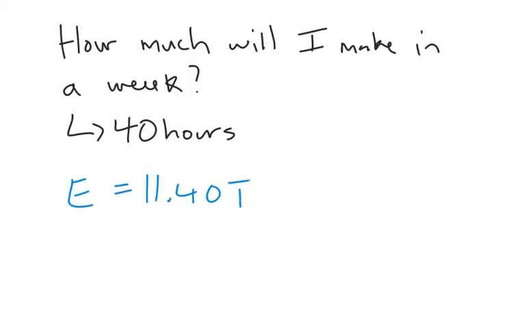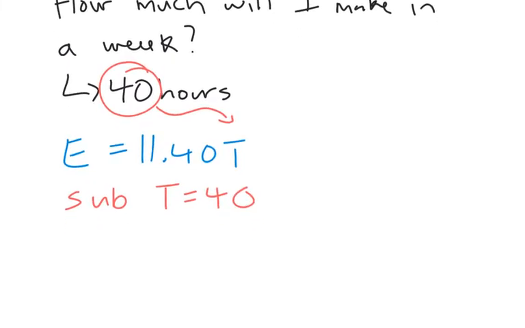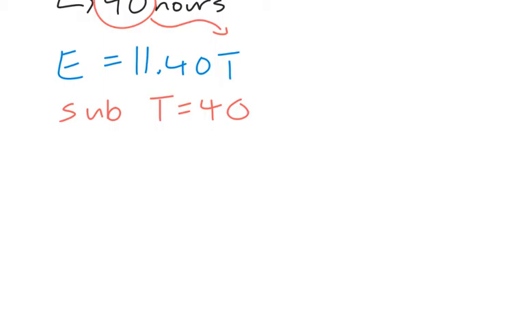Using our equation, E equals 1140t, we can figure out how much we will make after working 40 hours. Just like our previous lessons, what we want to do is substitute in our known values. So I'm going to say sub t equals 40. I'm going to rewrite the equation exactly the same, except with 40 written in brackets.